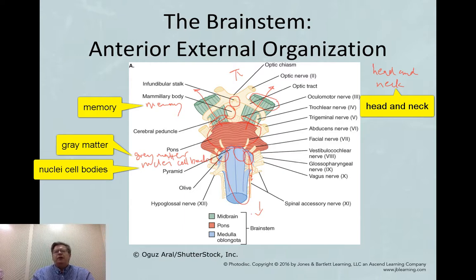So just to summarize, we've got the brain stem, which is located underneath the cortex, on top of the spinal cord, and connects the cerebral cortex and the spinal cord together. There are three different sections: the midbrain, the pons, and the medulla, and these are each associated with distinct nerve cell structure.